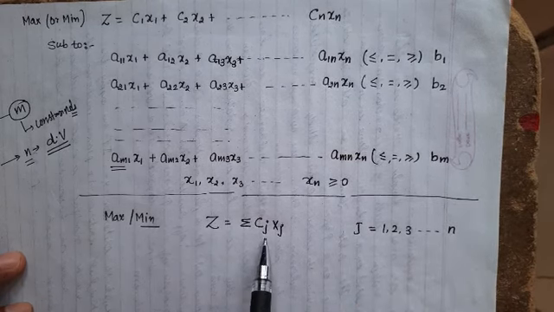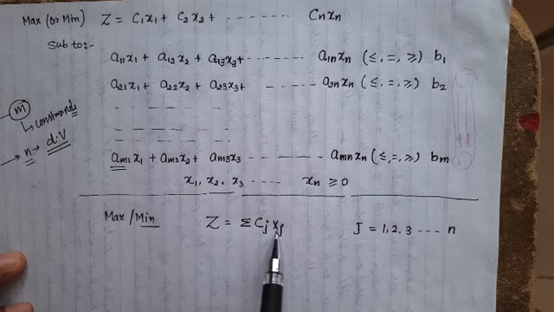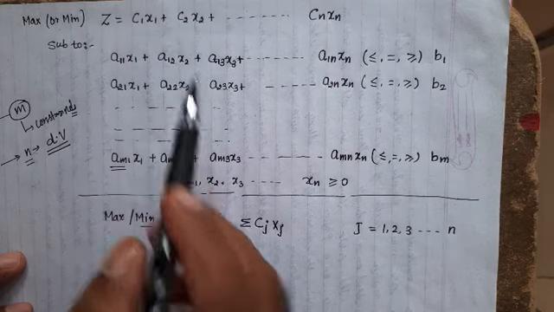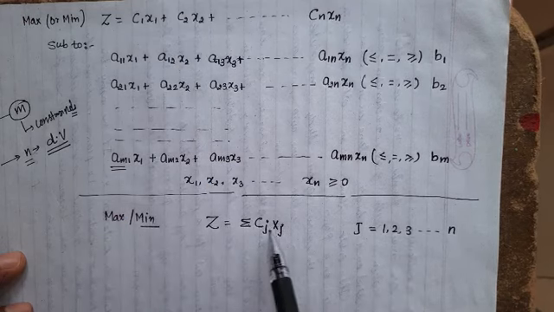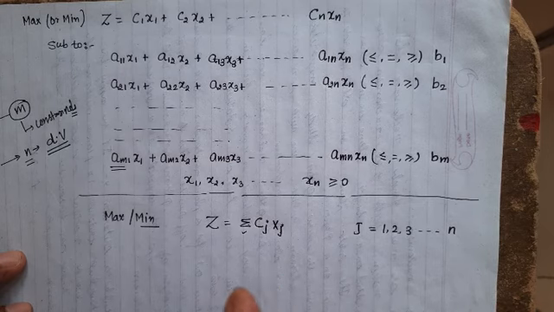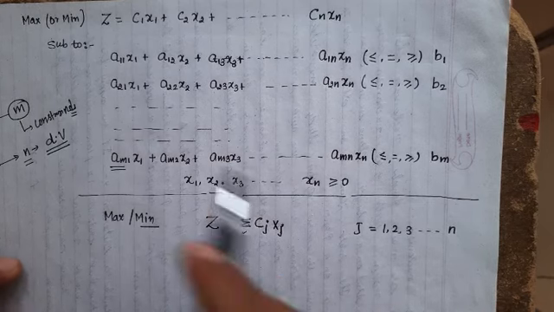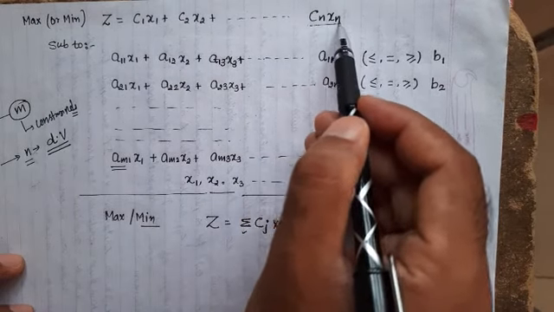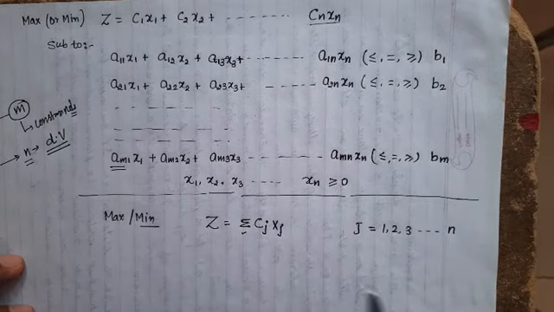If we place 1 here, this will be c1 x1, the second term c2 x2, the third term c3 x3, and the summation indicates we are adding all n terms, c1 x1, c2 x2, and so on up to cn xn. So this is the compact form.